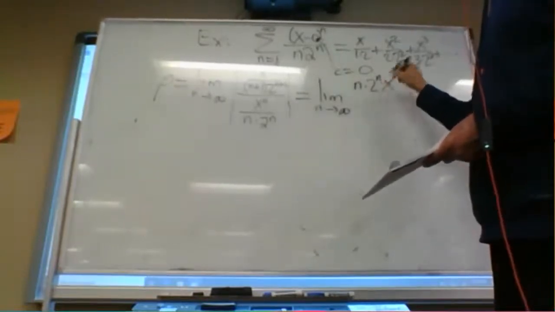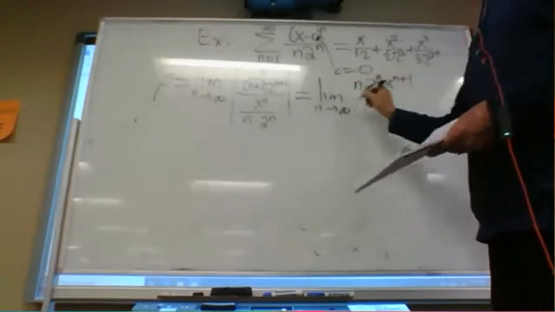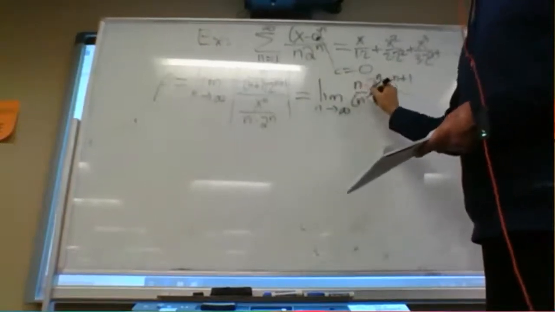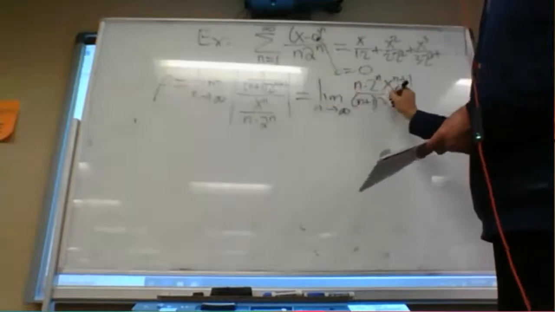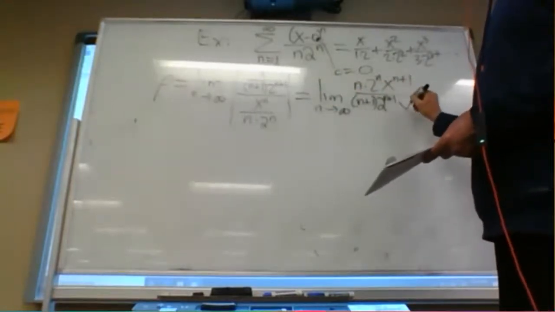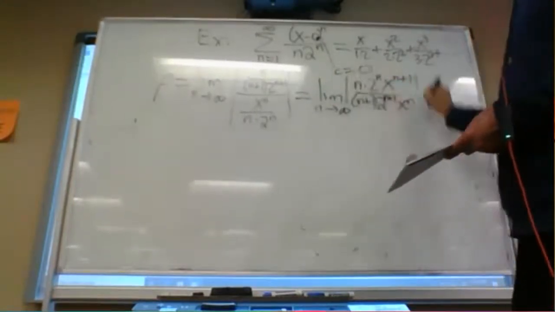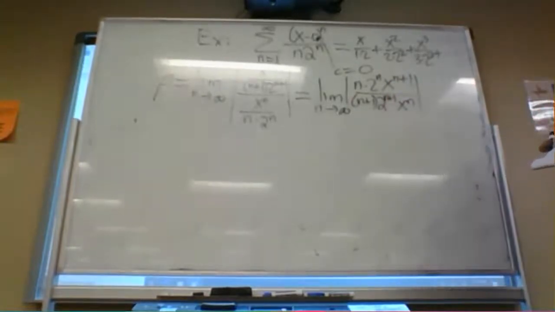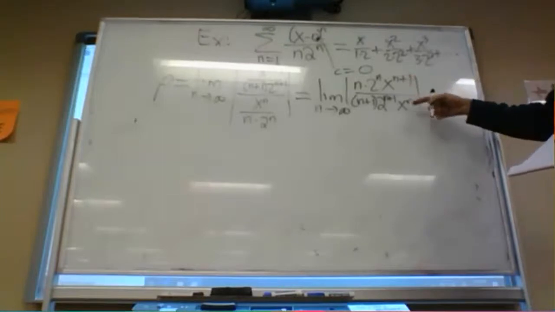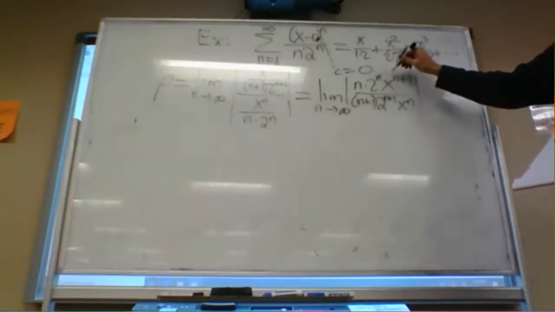So we multiply the top times bottom over middle times middle from algebra. It's n times 2 to the n, the bottom, times the top, x to the n plus 1, over middle times middle, n plus 1, 2 to the n plus 1, x to the n, absolute value.